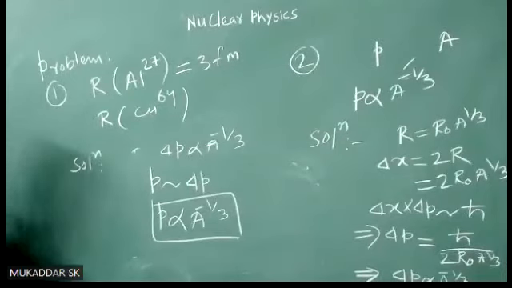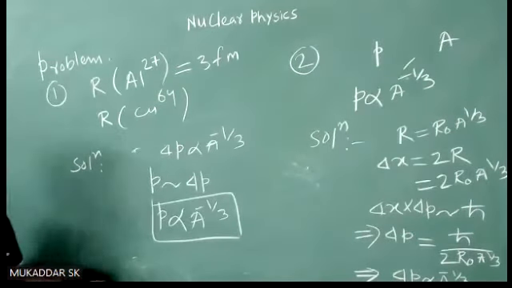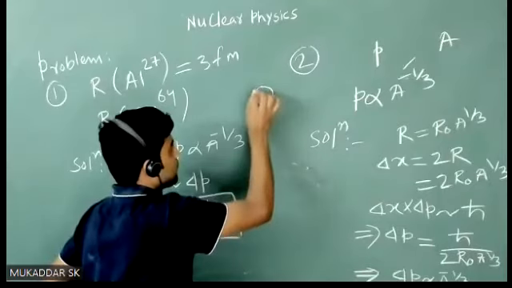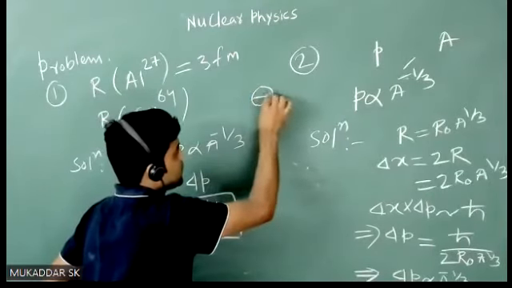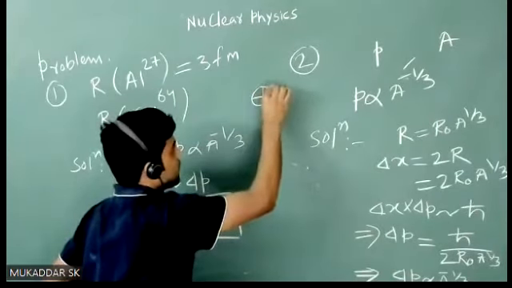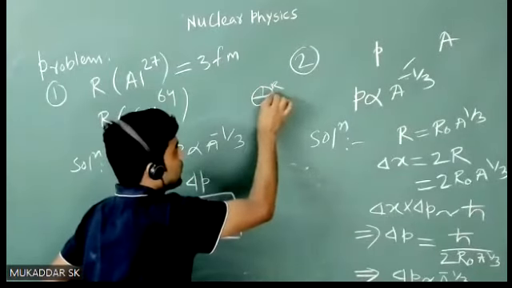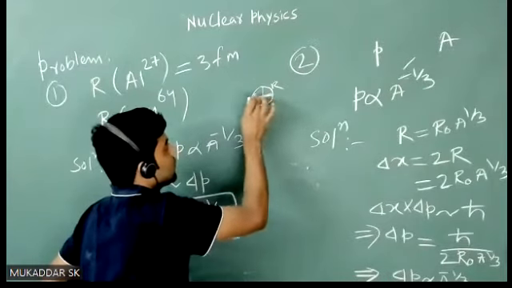Is it clear? Sir, how is delta x equal to 2r? Delta x? Yes. So suppose this is your nucleus. Its radius is R. So that nucleon can be anywhere in this, right?